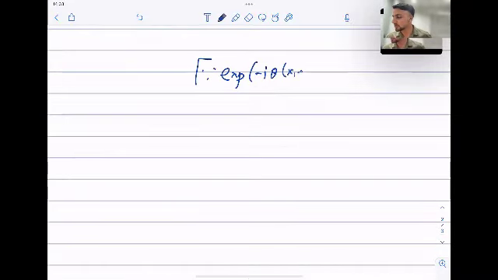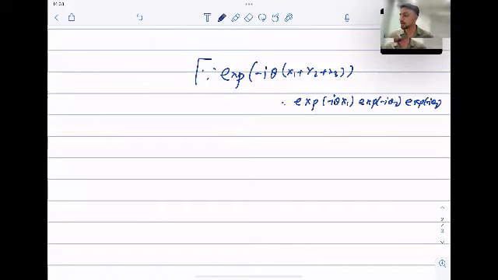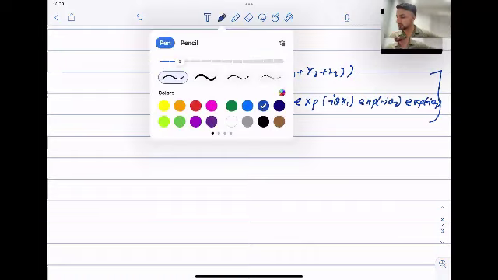Exponentiation of a sum is just the product of the exponentials. Here, x1, x2, x3 are just numbers. This is the same case with operators, assuming that they commute. This is actually quite important to remember.